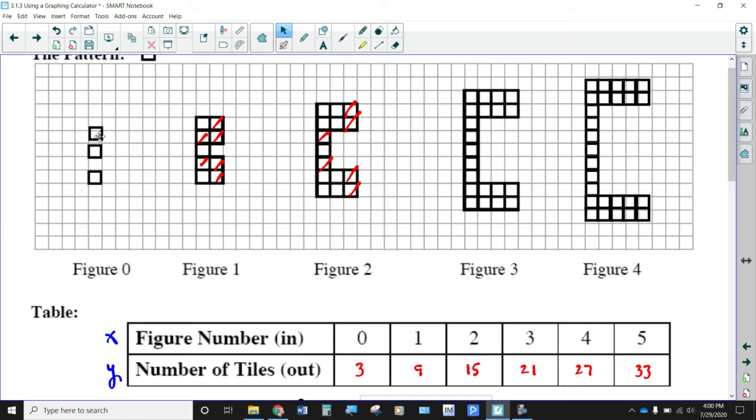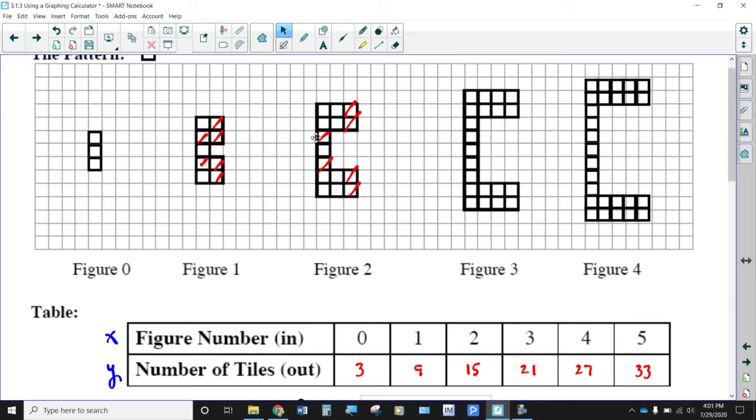And so I figure that's probably what we're doing here. So it started off like this before we pushed them apart and started adding those tiles in the middle and then building off of that top and bottom part of the seat. So I believe this is what figure 0 would look like, and that for sure has 3 tiles in it.